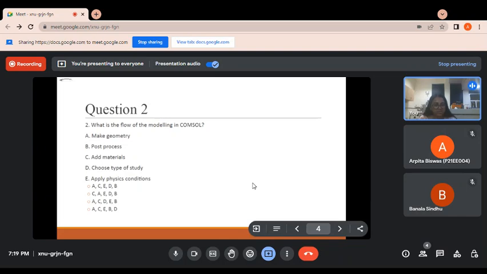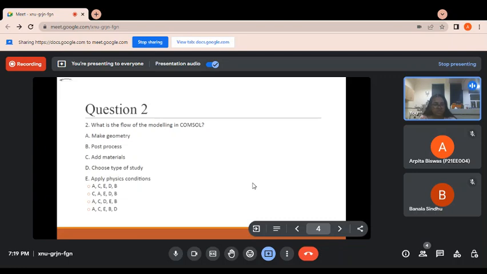The first option after A is C, it means after making the geometry we add the material, then E, apply physics conditions, then D, choose type of study, and then B, the post process.